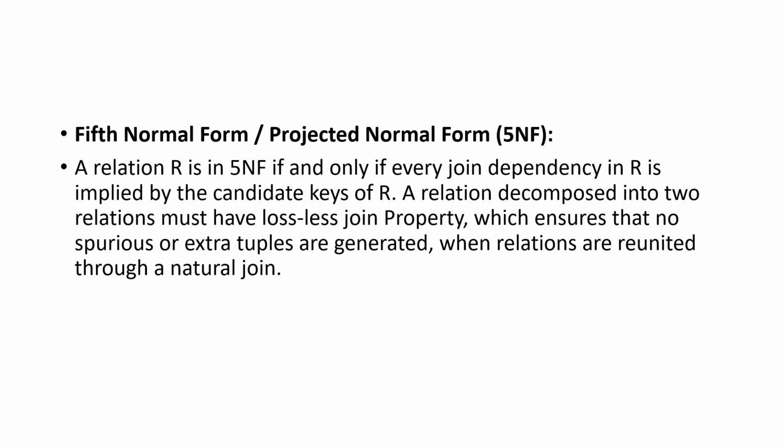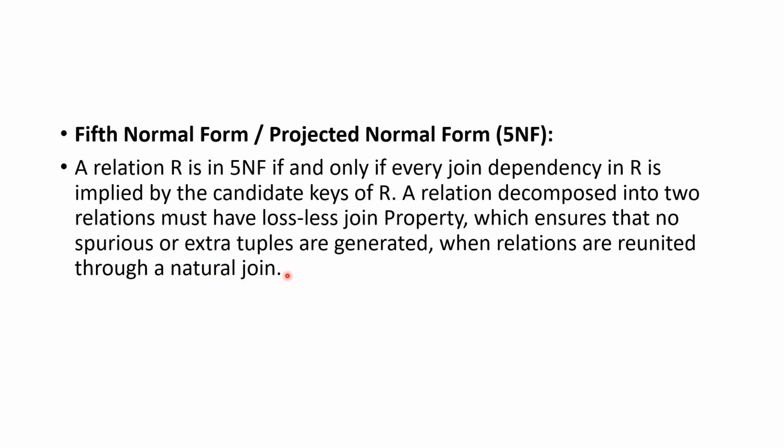Now we study fifth normal form. A relation R is in fifth normal form if and only if every join dependency in R is implied by the candidate keys of R. A relation decomposed into two relations must have the lossless join property, which ensures that no spurious or extra tuples are generated when relations are united through a natural join.